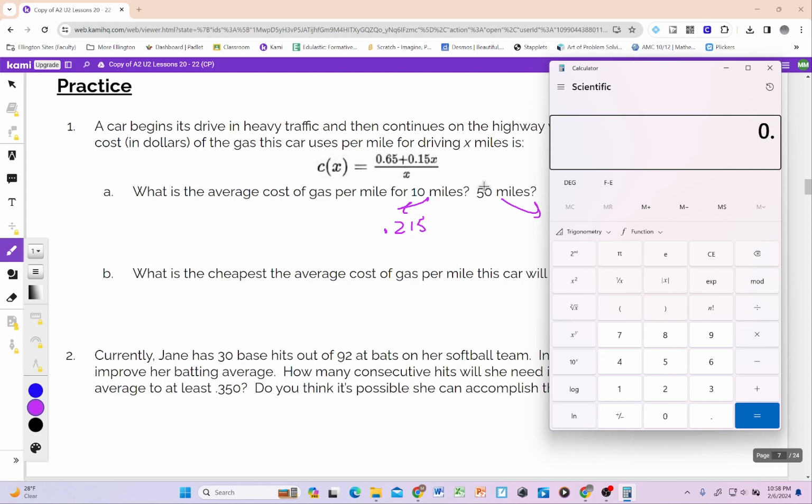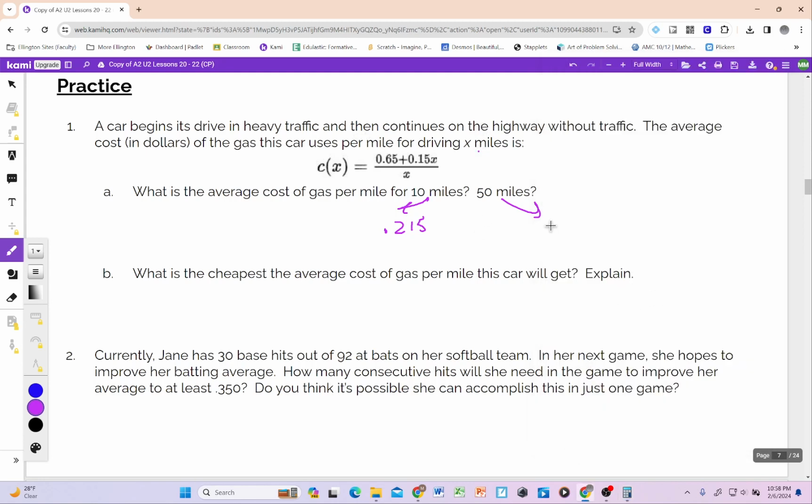So after 50 miles, and then we're going to divide by 50. 0.163. Notice how the average has come down after he's driven more miles. And eventually, what number is it going to reach?